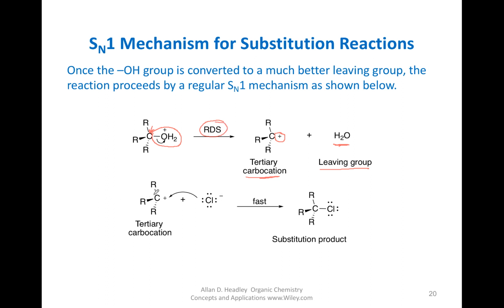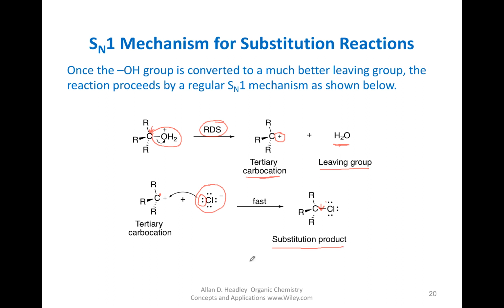In the fast step, the chloride anion, which is generated from HCl, is our nucleophile, and this arrow shows the electron movement to this carbon here to form this bond right here, which is our substitution product.